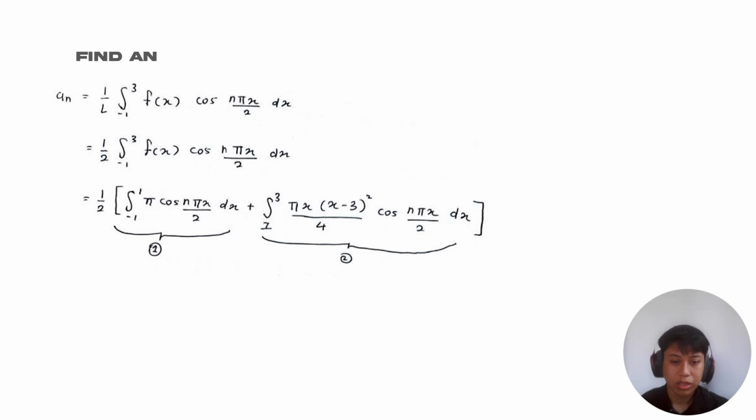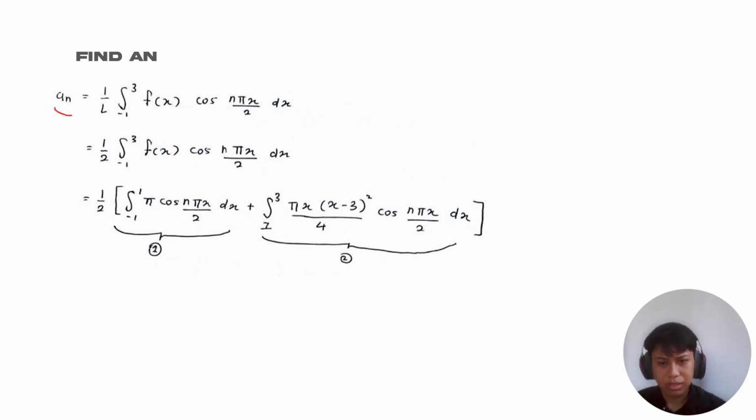So right now, I will continue to explain to you how we get An and Bn to put into our Fourier series. First, for An, we use this formula, 1 over L integration with limitation of -1 until 3, fx from the function given for the question, cos n pi x over L, where our L is 2, dx. So we put our value of L, 1 over 2, and this is same as before. Then we put our fx.